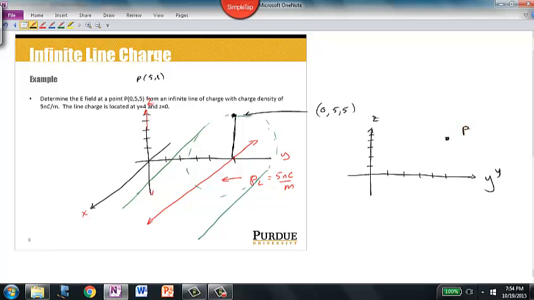That's point P right there, and then this line charge is at the point 4, 0. 1, 2, 3, 4, 0. So the vector that points normal from the line charge to the point is just that vector right there. And you can picture that rho L is pointing out of the screen and into the screen from there.